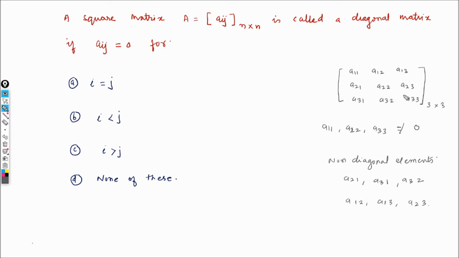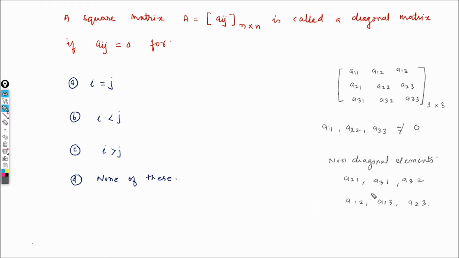Diagonal matrix means the elements A11, A22 and A33 are not equal to 0. Remaining non-diagonal elements means A21, A31, A32, A12, A13 and A23. These are 0 elements. Then we can say that is a diagonal matrix.